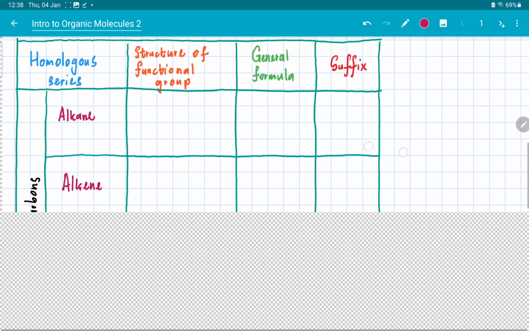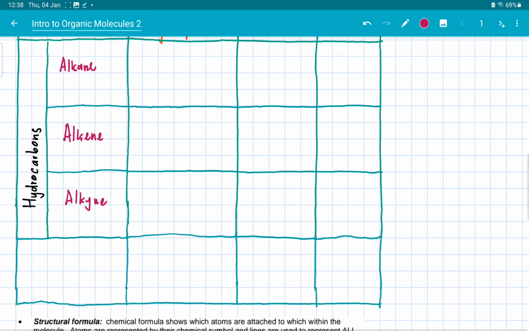And then the fourth one, which was the group thus far, was haloalkanes. I'm just going to use a different color. Haloalkanes, or sometimes alkyl halides.